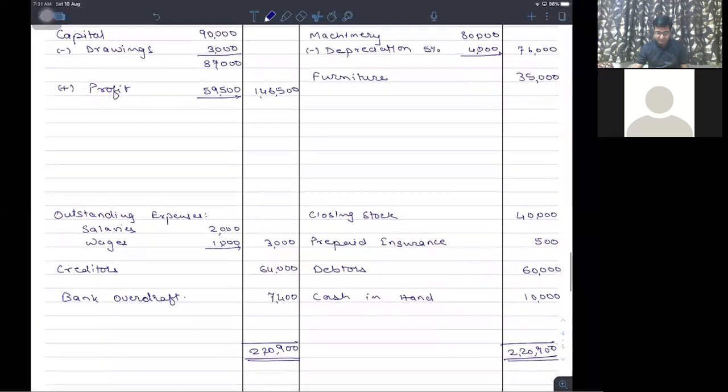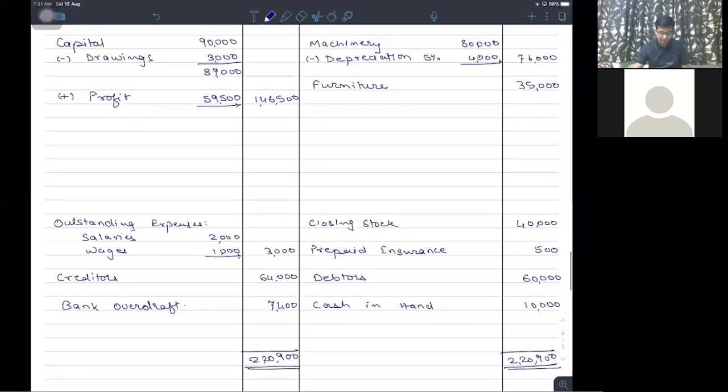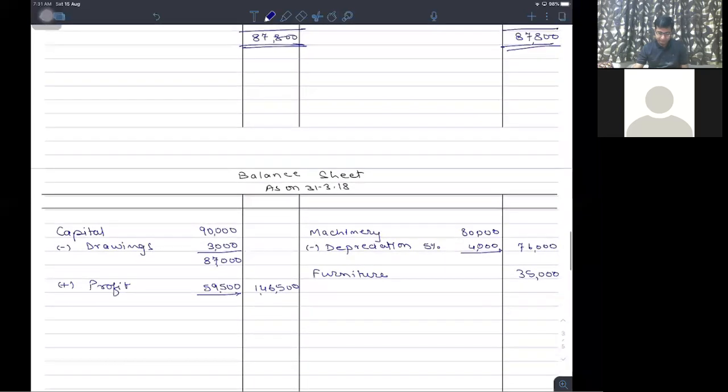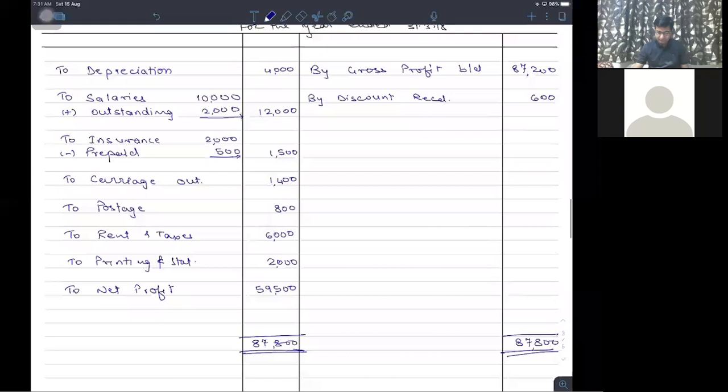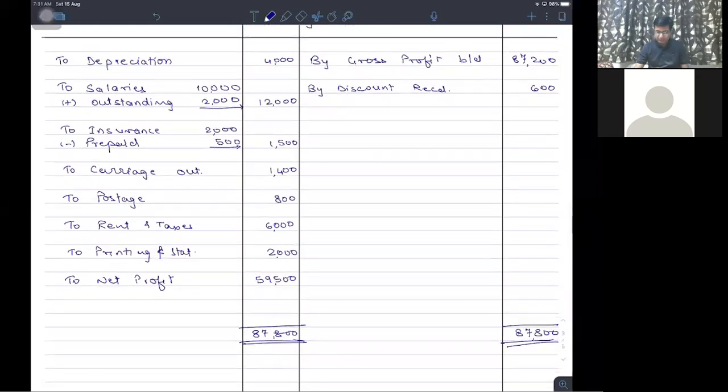No, there is a difference. How come there is a difference? There cannot be any difference. Minus 4,000 minus 12,000 minus 1,500 minus 1,400 minus 800 minus 8,000. Also, the net profit is 60,100. Actually, it was a totaling mistake.